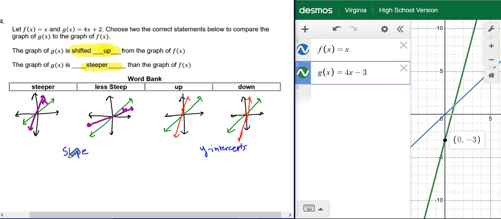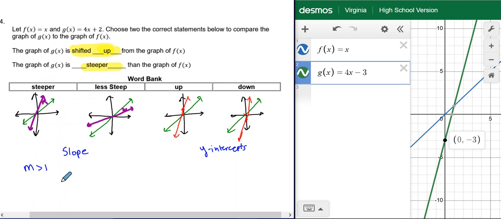For the slope, let me start with steeper. If you have any number that's greater than 1, so if your slope is bigger than 1, then it's going to be steeper.